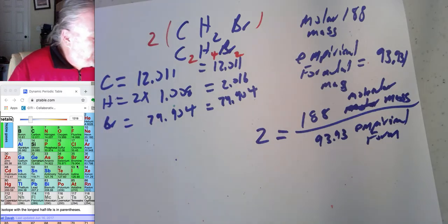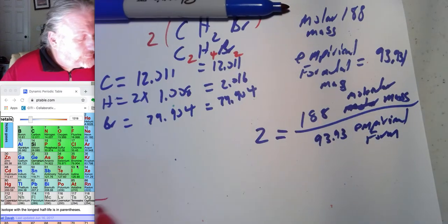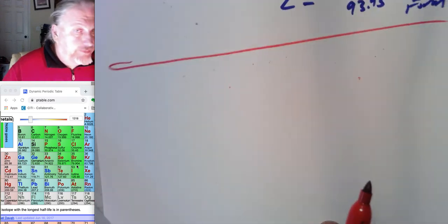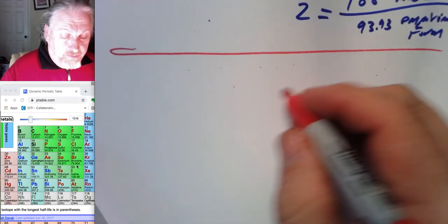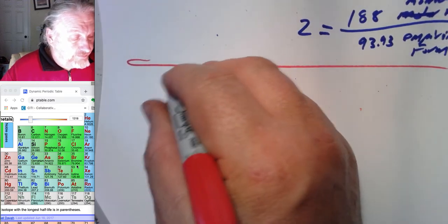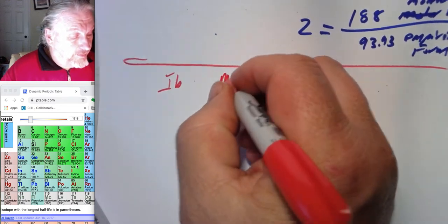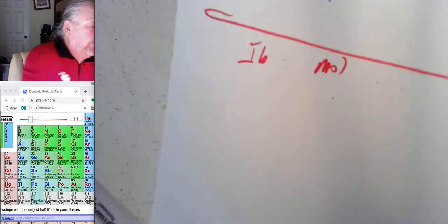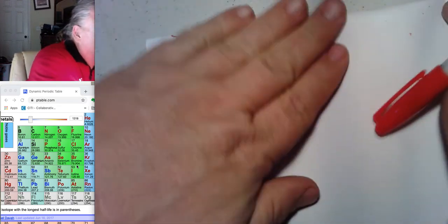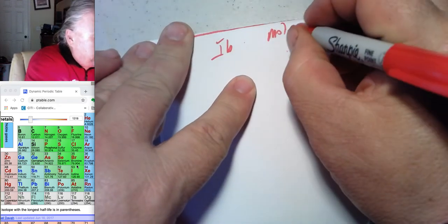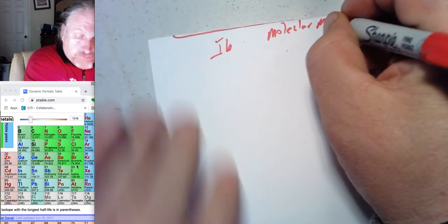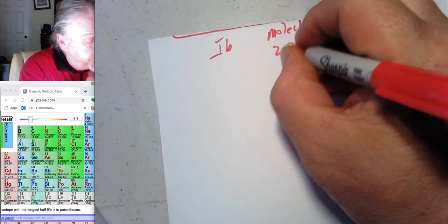So let's do some math here. Oh, yay. All right, let's move this up, rather. So I've got the ibuprofen molecular mass is 206 grams per mole.